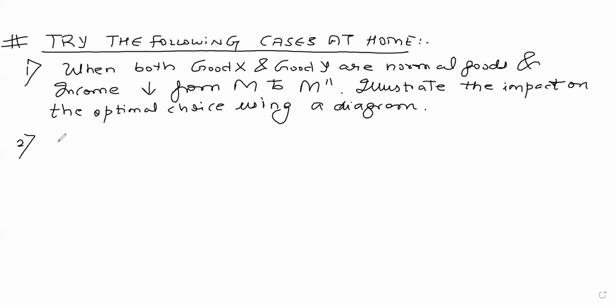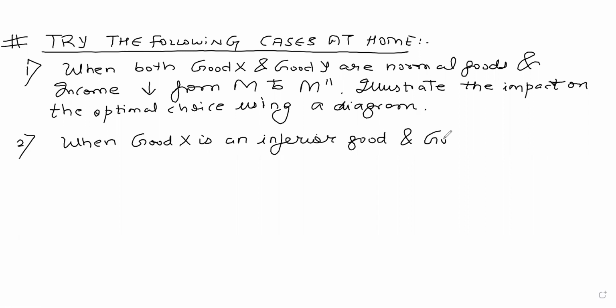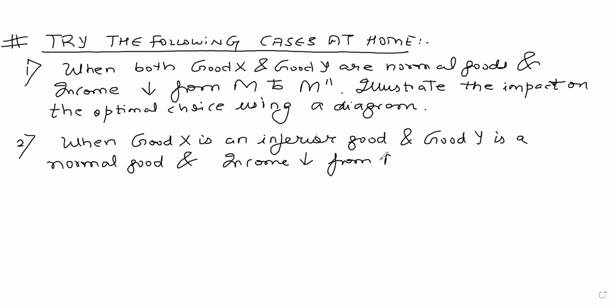Similarly, guys, second case: when good X is an inferior good and good Y is a normal good, and income falls from M to M double dash.